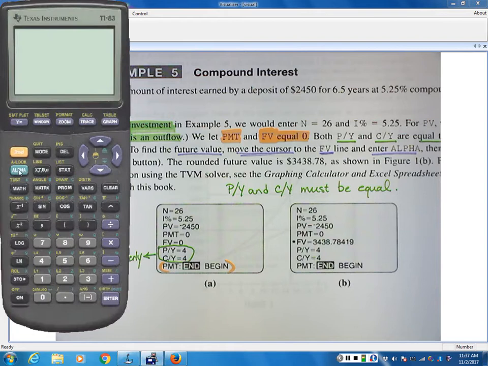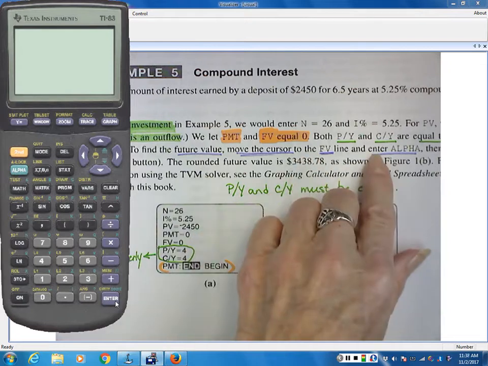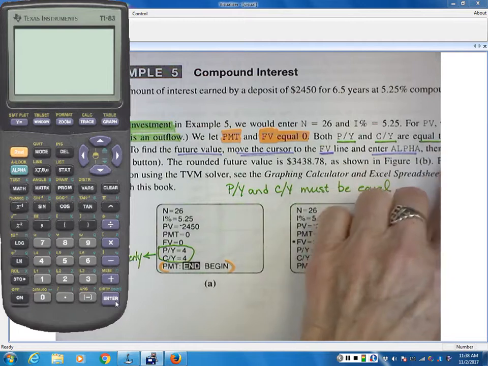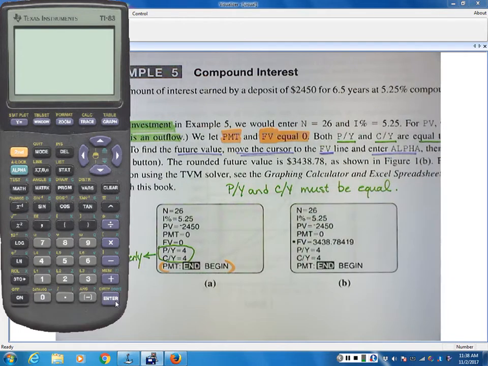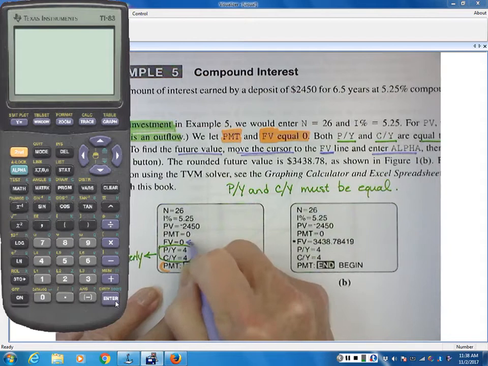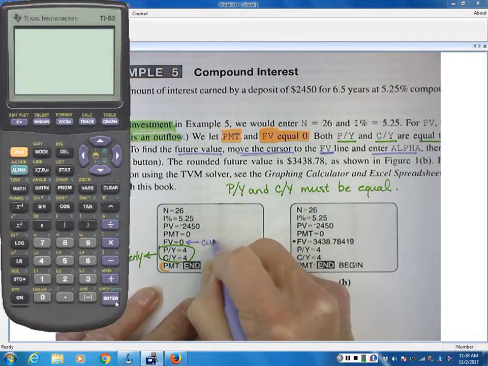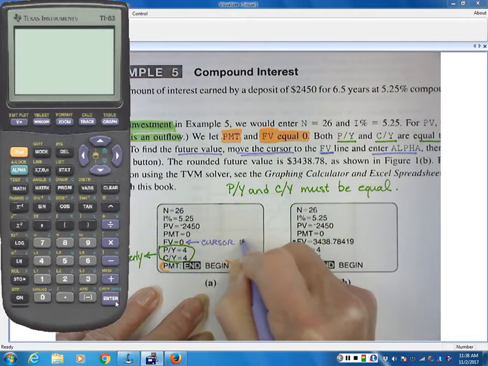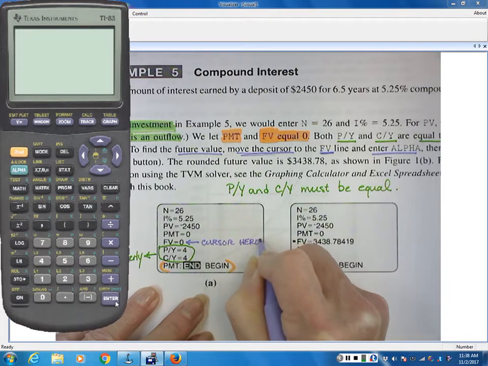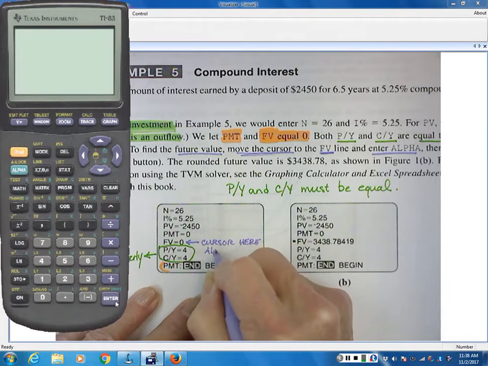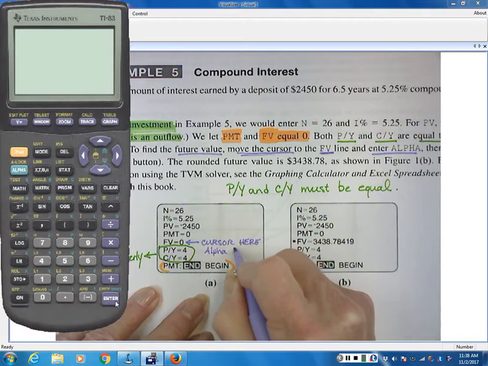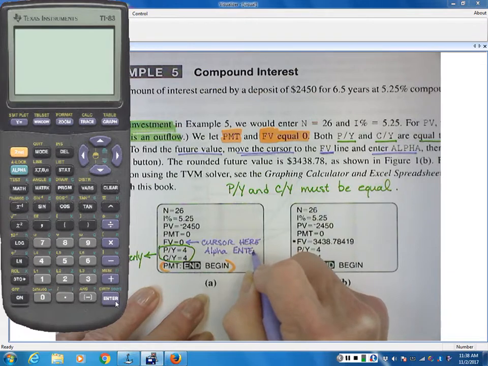It's alpha, this key right here, and then it's enter. So even though it says alpha solve, you're actually doing alpha and then hitting the enter button, and it will solve. And we're solving for the future value.